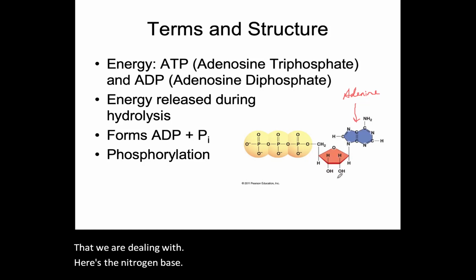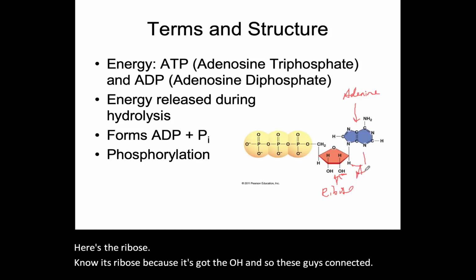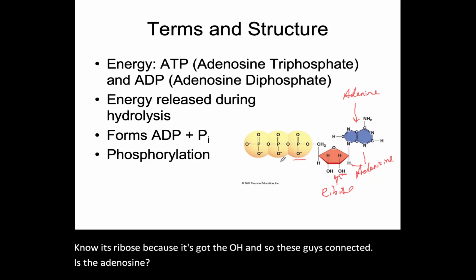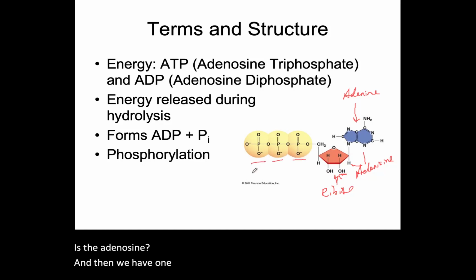That's the adenine. Here's the ribose. We know it's ribose because it's got the OH. And so these guys connected is the adenosine. And then we have 1, 2, 3 phosphate groups.